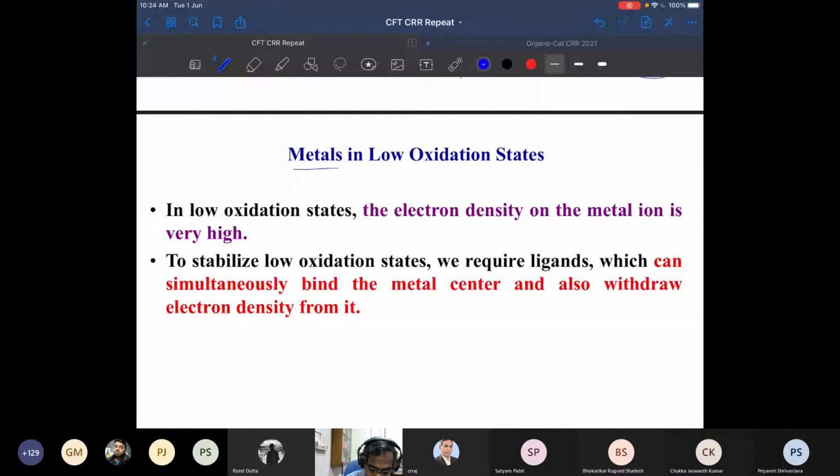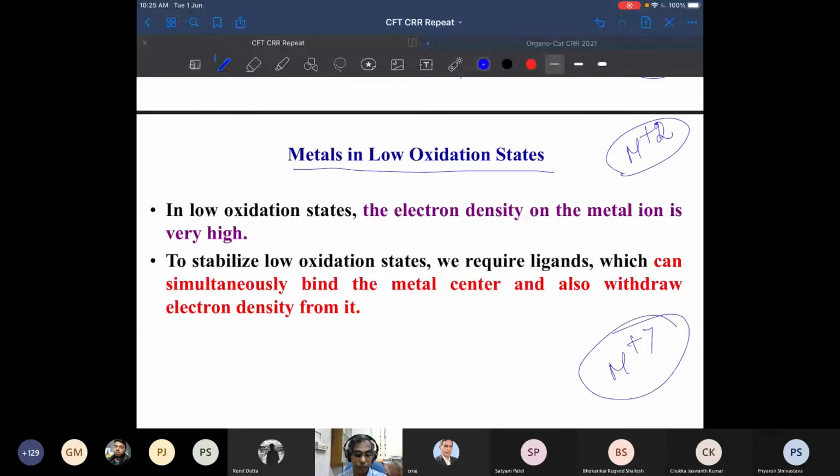Metals in low oxidation states, say for example M plus 1, or if I have M plus 7. Let's take M plus 2 or plus 1. How do we stabilize these? There are two cases. If the oxidation state is low, that metal center is electron rich. If the oxidation state is high, the electron density is very poor.